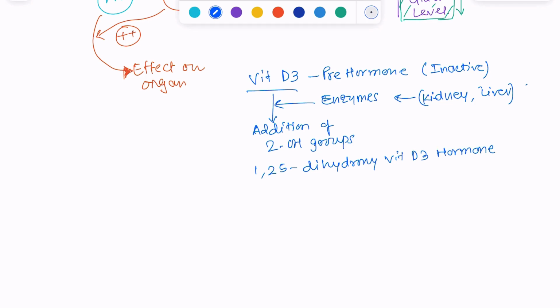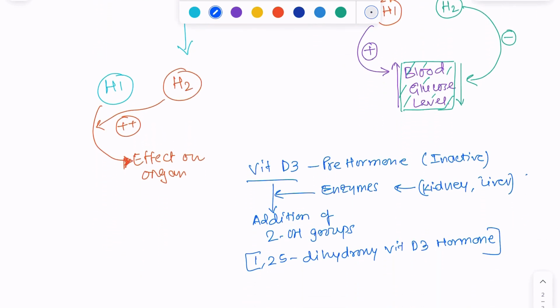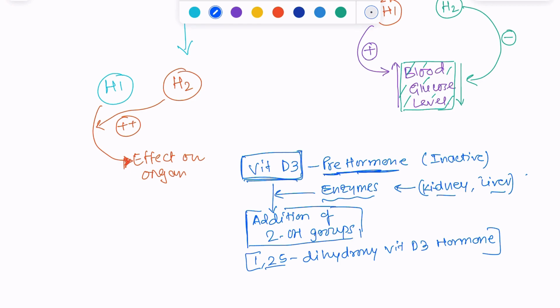That is our permissive effect. So vitamin D3 is present in inactive form at the pre-hormone stage, and enzymes coming from the kidneys and liver help in the addition of 2 hydroxyl groups, and now it becomes 1,25-dihydroxy vitamin D3, which is the active form.